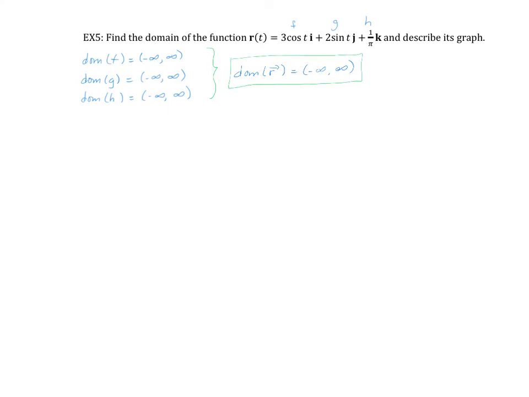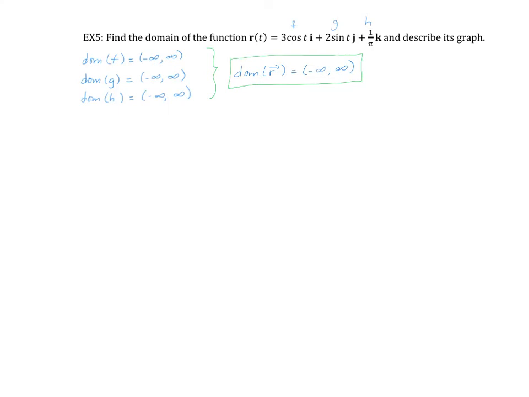And now comes the weird part, describing the graph. Well, I don't know what this graph is, but I do notice that the h component is 1 over pi. That's just a constant. So sometimes it's easier to describe a three-dimensional object by first looking at its picture in the xy plane. So imagine looking down on your function.